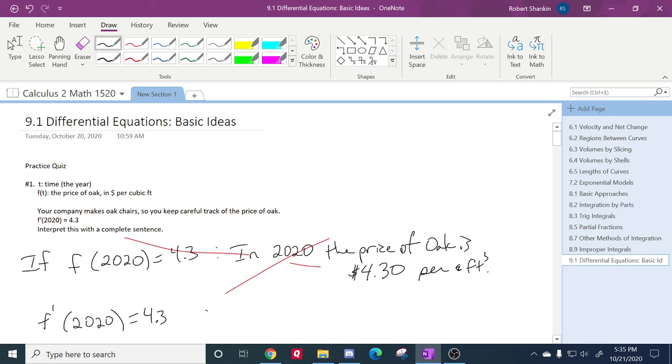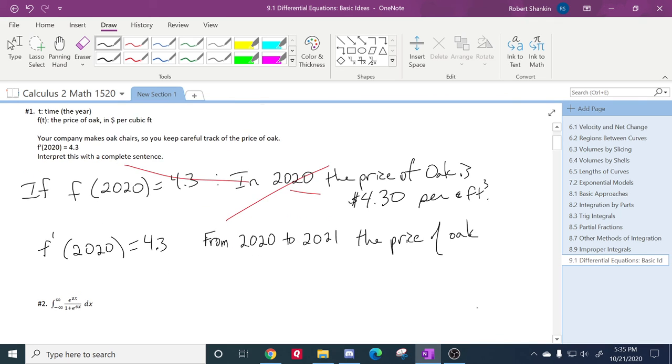From 2020 to 2021, the price of oak will increase by $4.30 per cubic foot.